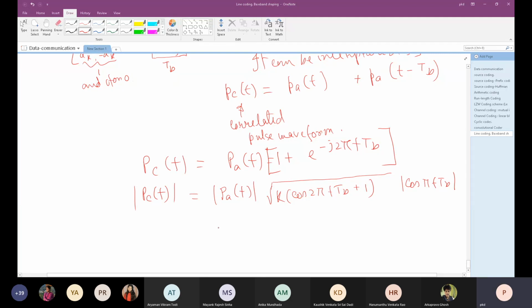So this one is called the correlated spectrum because two adjacent pulse spectra have contributed to this PCF. That's why it is called correlative coding.